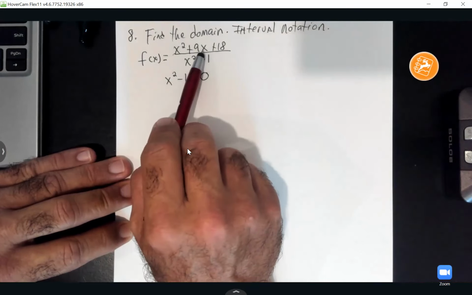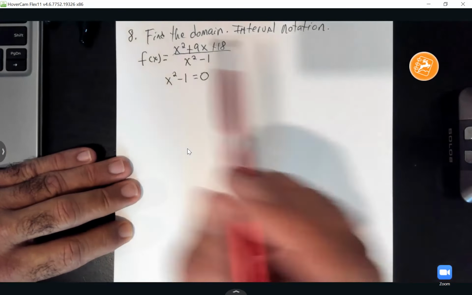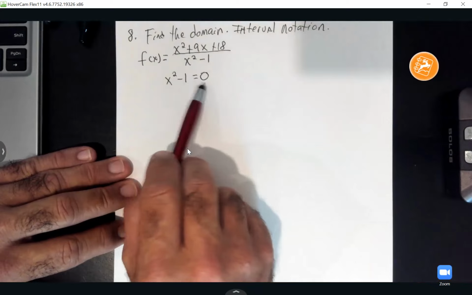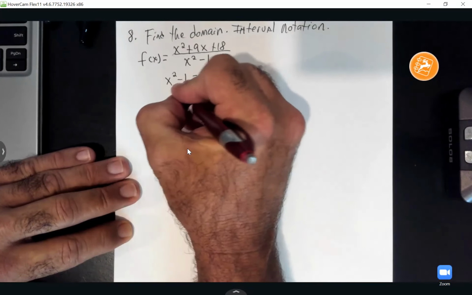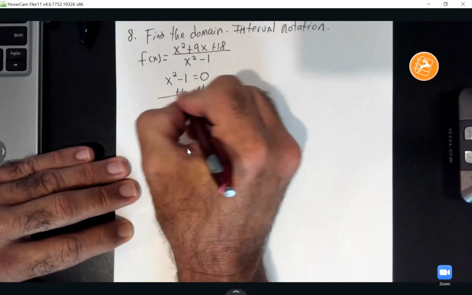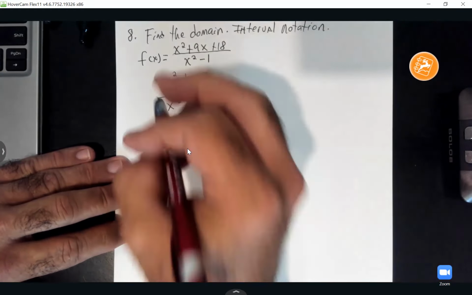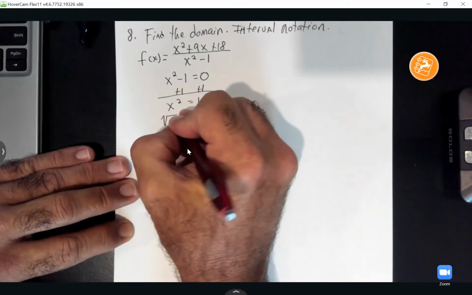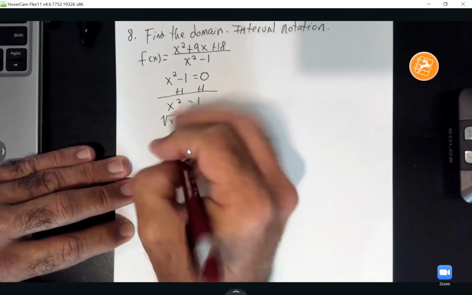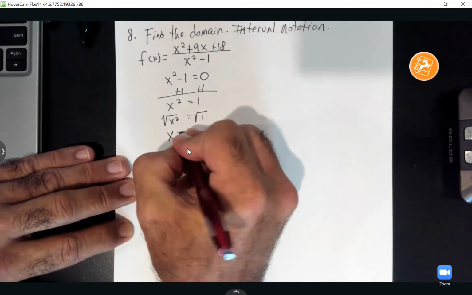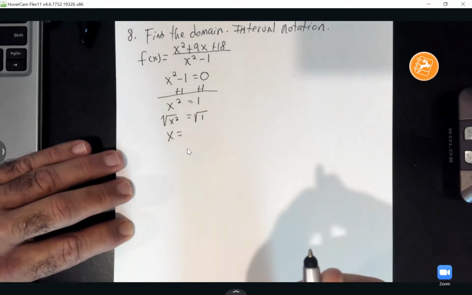Now, if it had an x in it like this one up on top, I would have factored it. But this one, there's no x in it, so we're just going to add 1. And I get x squared equals 1. Then we're going to square root both sides. So the square root of x squared is x. So y'all, square root of 1.